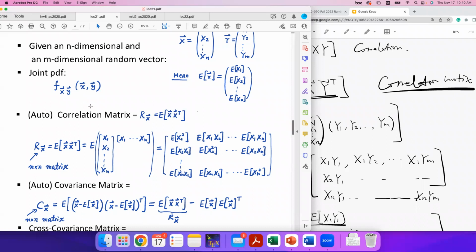So it's like the correlation matrix between the random vector x and itself, so we add an auto in front of that in this case. And we give it a special notation, Rx.